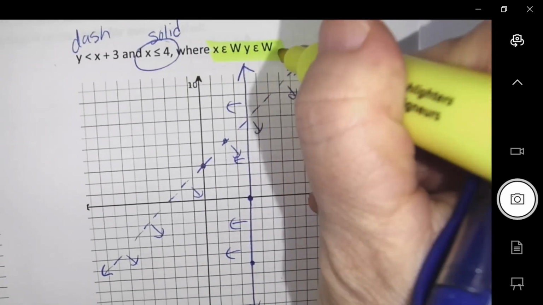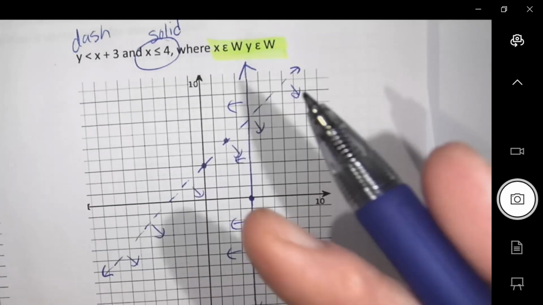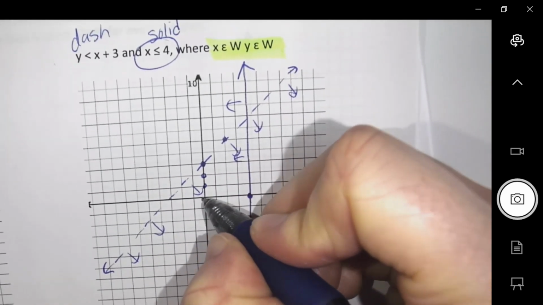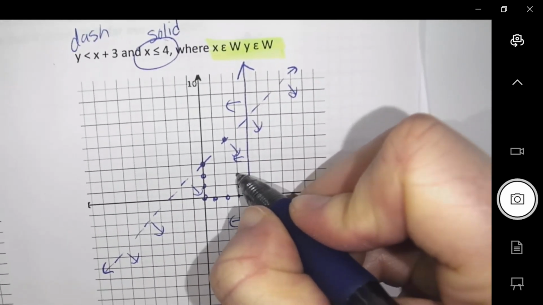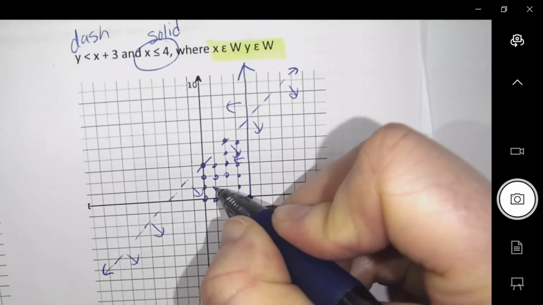What does this say? Whole numbers. So I can't have negative numbers. I can't have decimal numbers. So guess what's going to work? Only these values.